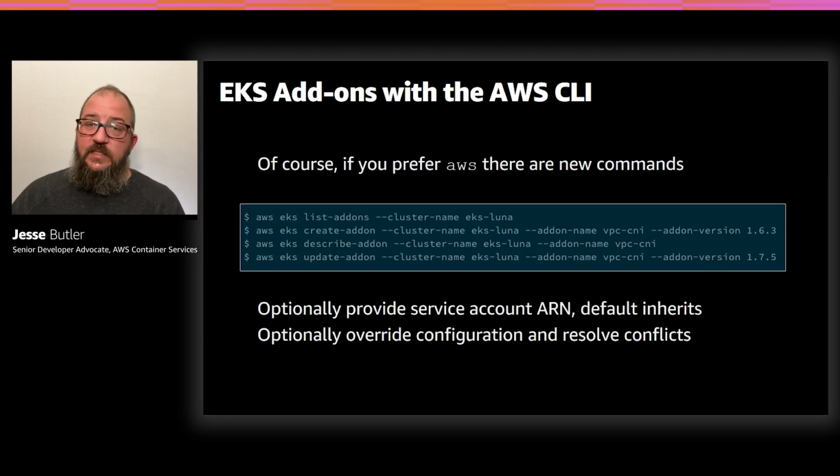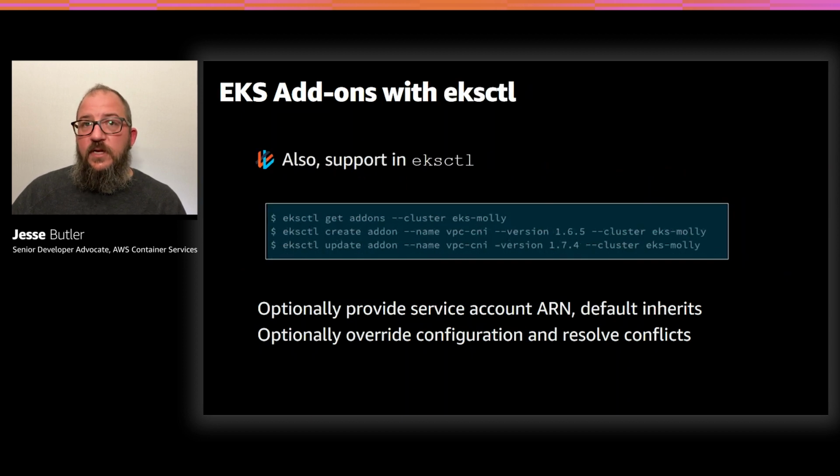So the functionality is exactly the same in the console and in the CLI. And eksctl has also been updated to support this feature as well. So exactly the same sort of workflows with similar ability to override the configuration conflicts.